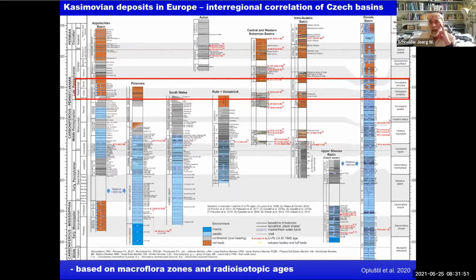Yeah, I have observed from the Donetsk Basin in Russia and the Ukraine, across Europe, that starting in Kasimovian times we have the occurrence of this not really very thick lacustrine limestone.